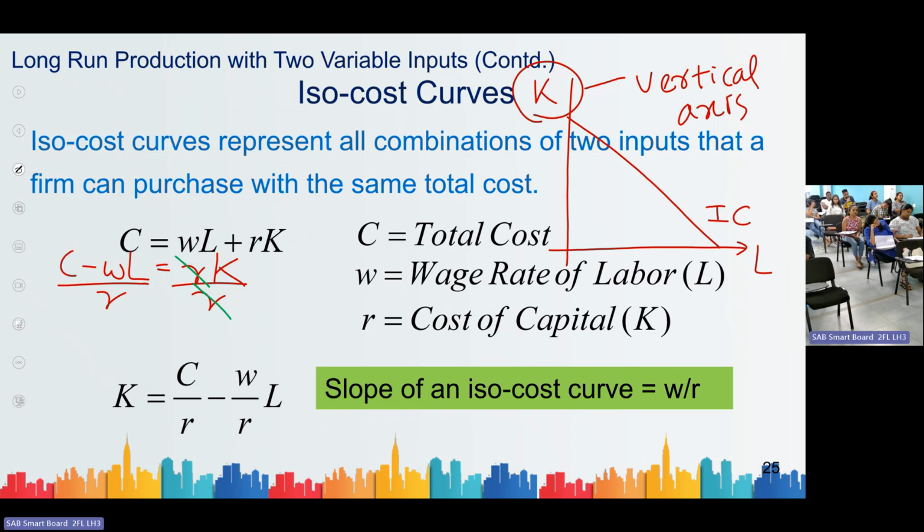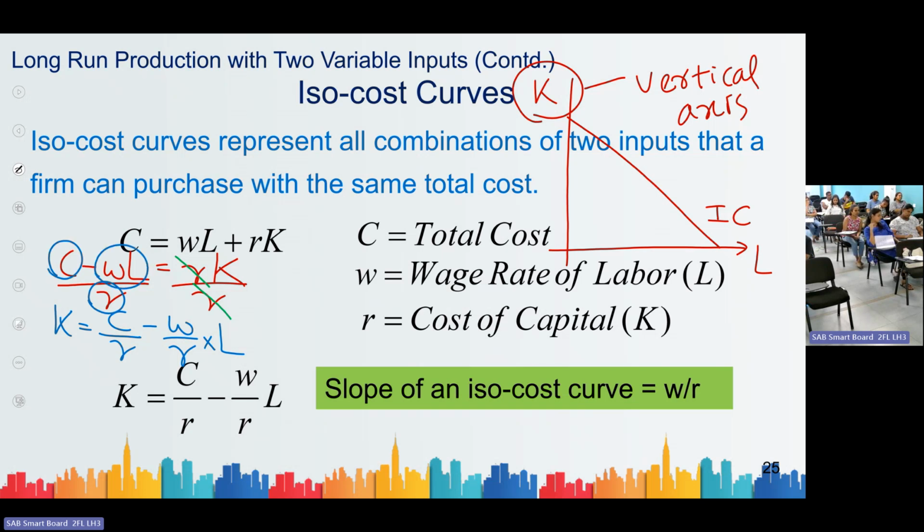Then what will remain is K equals C over R minus W over R into L. So this R is common for both C and WL.